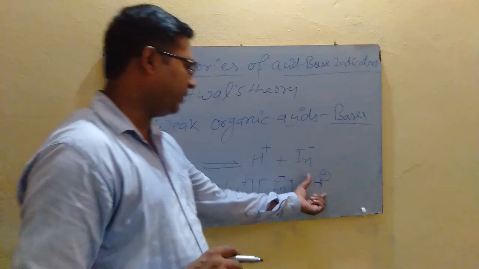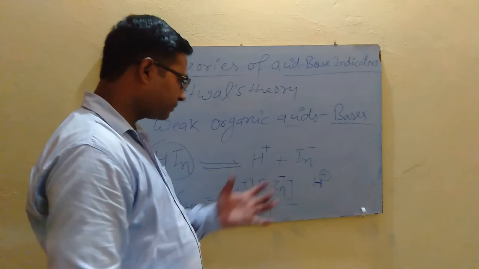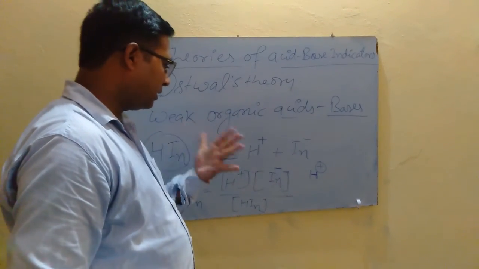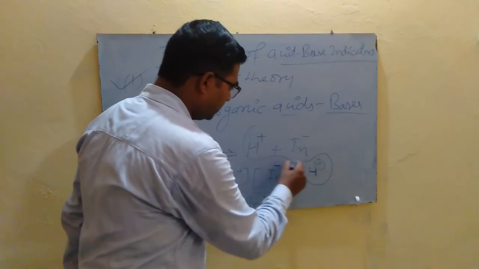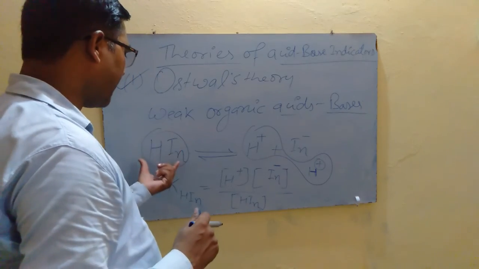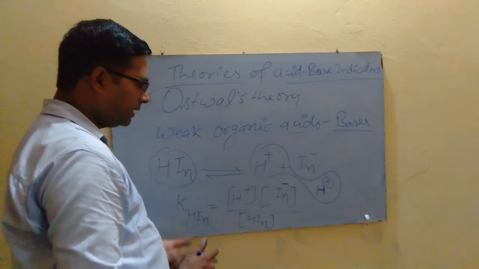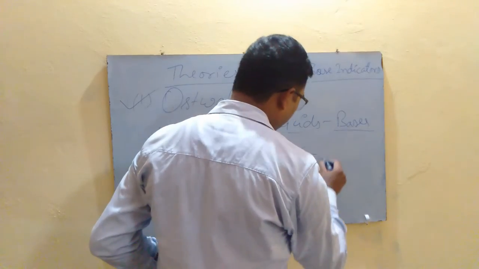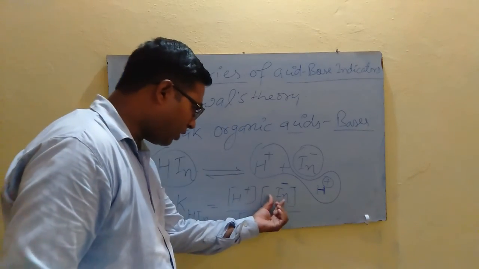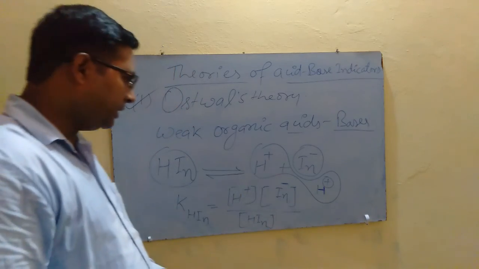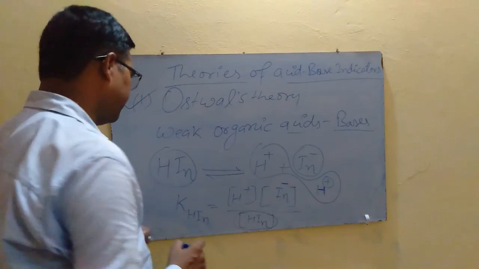H In is a weak acid, so as per the principle of common ion effect, the ionization of weak acid decreases. When the ionization of HIn decreases, the concentration of ionized molecule of indicator also decreases, and therefore the ratio of HIn upon In minus will be increased.